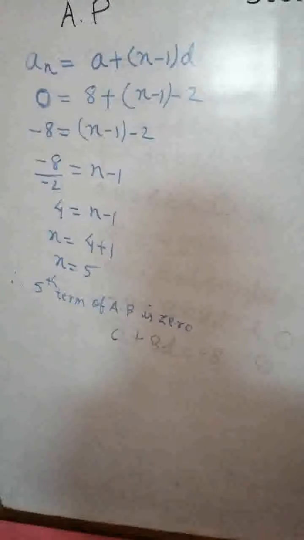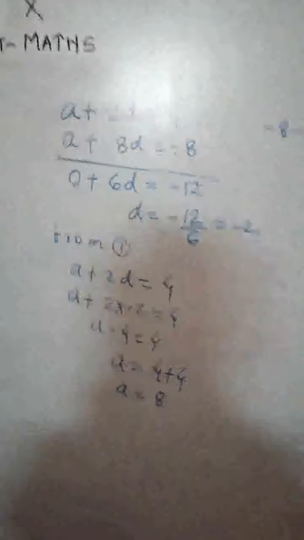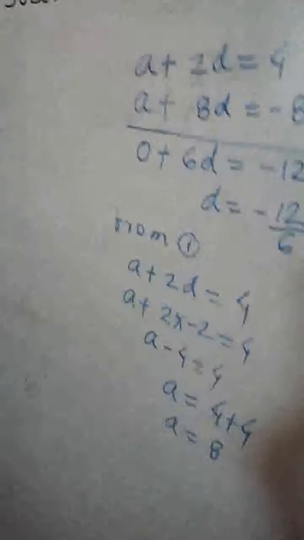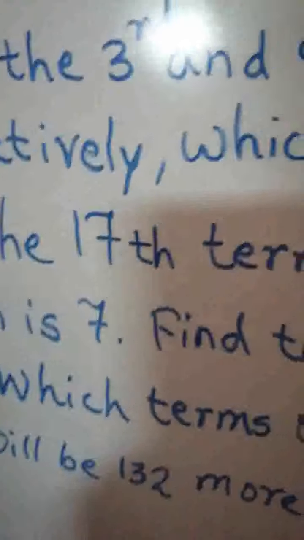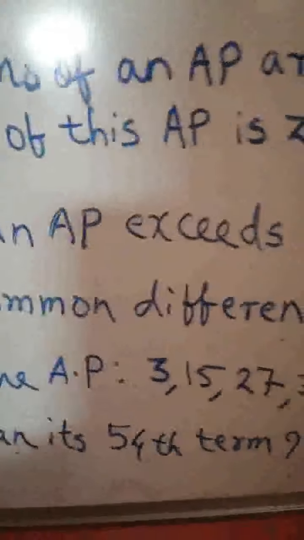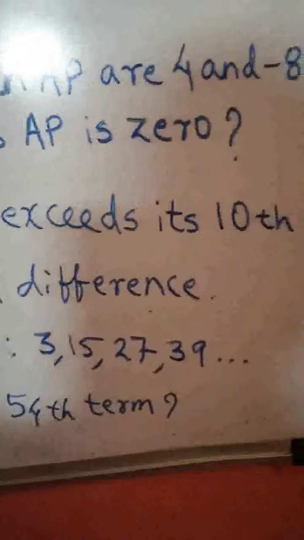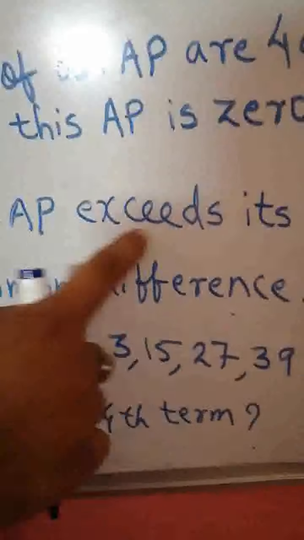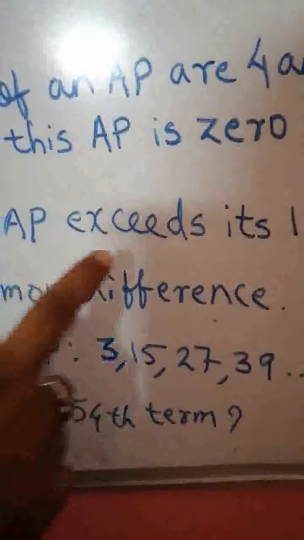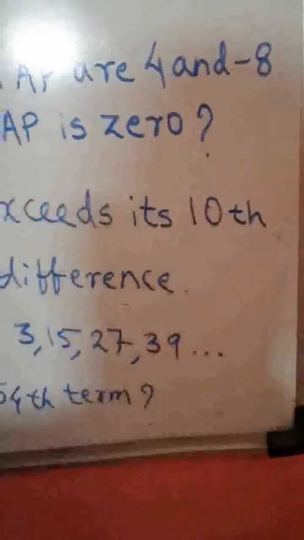I hope you understood how to find the 5th term. Now we'll see the next question. The next question says that the 17th term of the AP exceeds, meaning is greater than, the 10th term by 7.